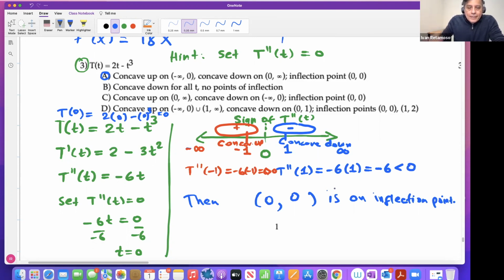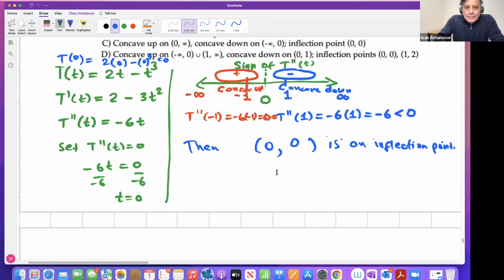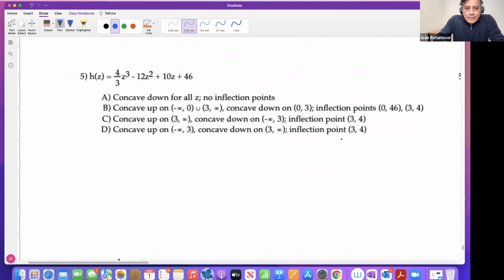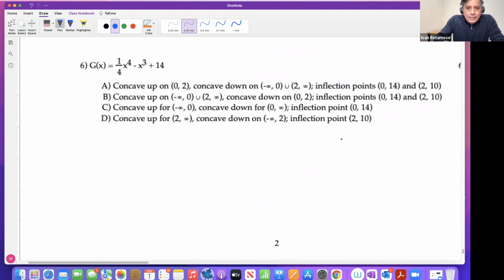We got it. Now, let me show you quickly this one. This is the longest it could get, but I will show you for you to see that it's not that difficult. Let's say they give you a polynomial of degree 4, and they ask you to figure out the concavity and where the inflection points are. So quickly you get the derivative.